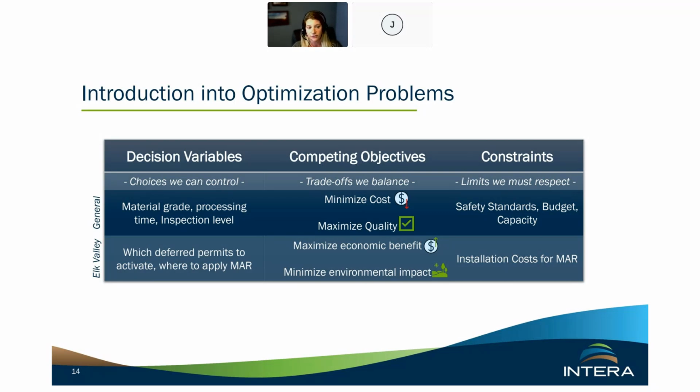In this case, for Elk Valley, we're constrained by the installation costs for these managed aquifer recharge basins. We could apply an infinite volume of water across the entire aquifer and get all of the deferred permits activated, but that would obviously be infeasible. We can only install them in certain locations and only can afford to install so many.